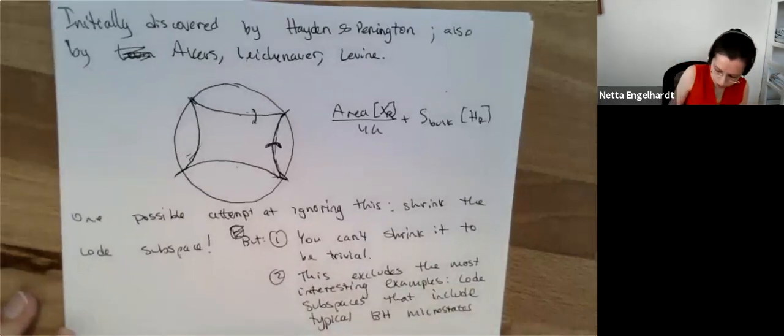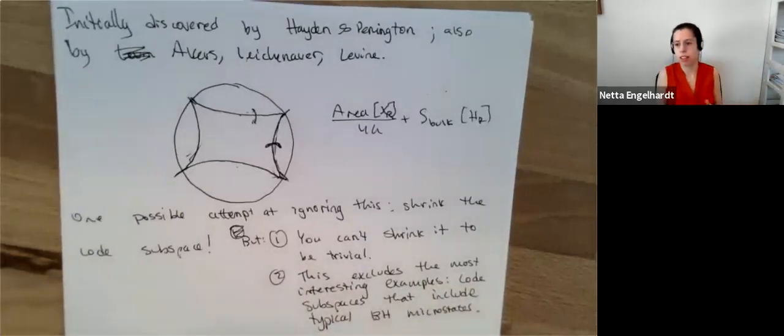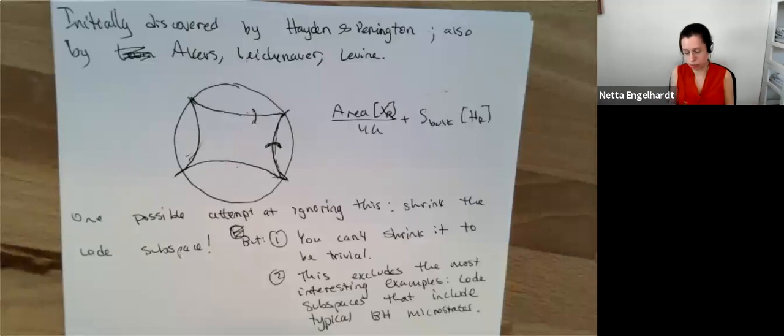Right, these would be very large code subspaces, and well, we want to be able to talk about this type of thing and reconstruct this type of thing in AdS/CFT. So what do we do?